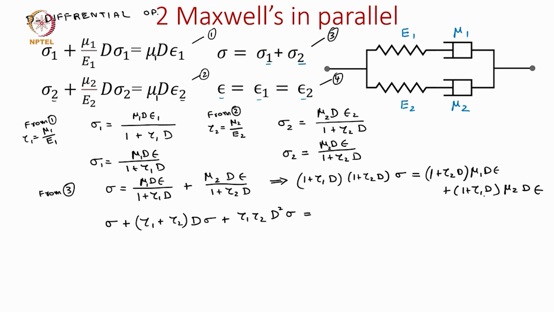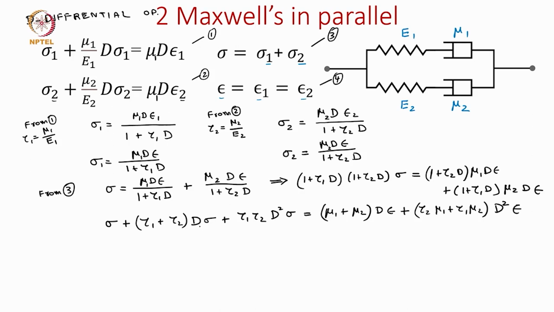No, it starts with the first derivative of the strain rate. So, let us write that as mu 1 plus mu 2 times d epsilon plus the second derivatives are tau 2 mu 1 plus tau 1 mu 2 times d square epsilon.